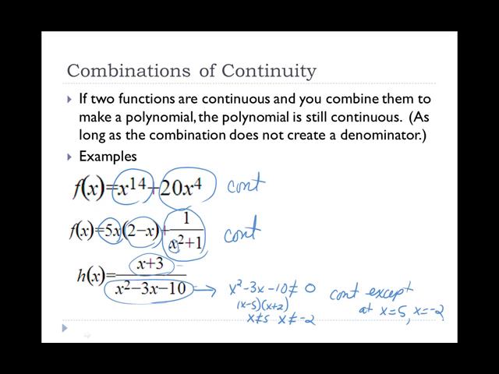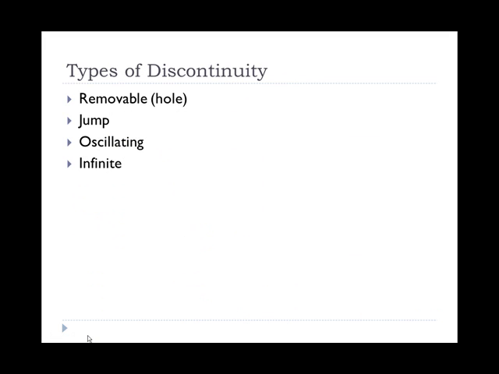And if you don't believe me, take a look at the graph. Okay, so we took two things that were continuous, we put them together, and that was fine, except we created a denominator which caused trouble, and it causes trouble at 5 and negative 2, which means we have points or areas of discontinuity.